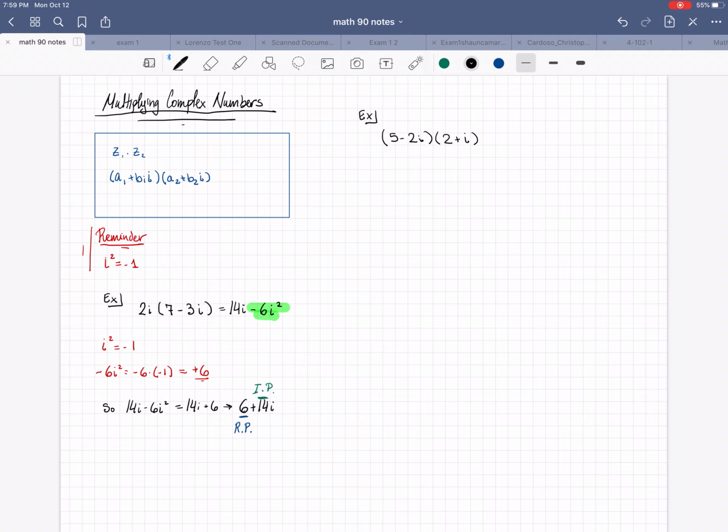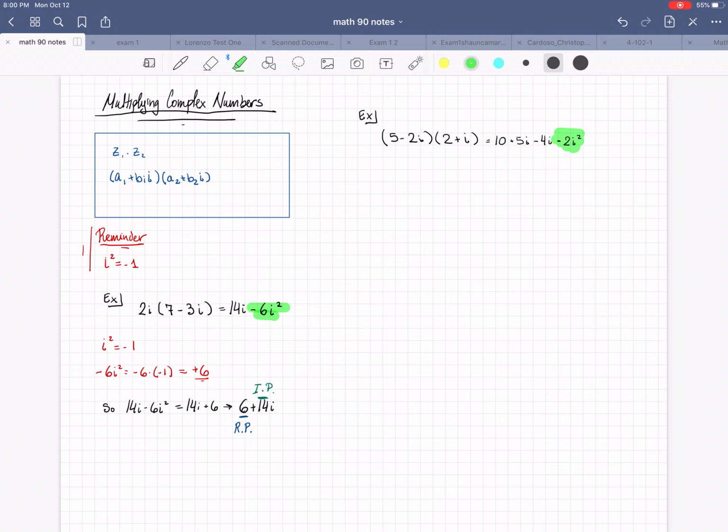So let's check this out. We have 5 times 2 is 10. 5 times i is 5i. Negative 2i times 2 is minus 4i. And then negative 2i times i is negative 2i squared. So you can already see that I'm going to have the same conversation with the minus 2i squared that I had with the minus 6i squared.